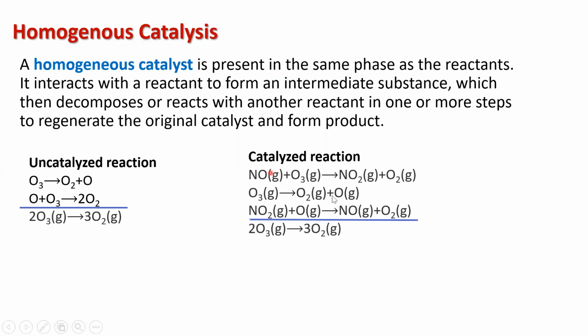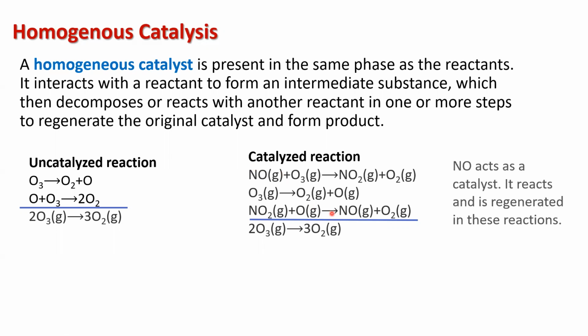And since the nitrogen monoxide is in the same state as everything else, it's a homogeneous catalyst. Now, we still have the oxygen atoms here and the oxygen atoms here, so they're intermediates, but we've added in a catalyst which has changed the reaction mechanism, which lowers the activation energy and makes the reaction go faster. So nitrogen monoxide in this mechanism is considered to be a catalyst.